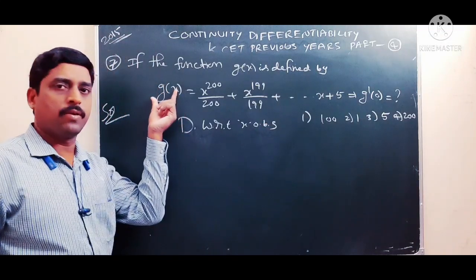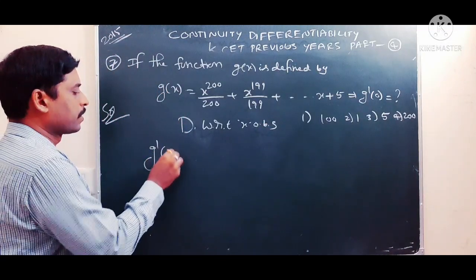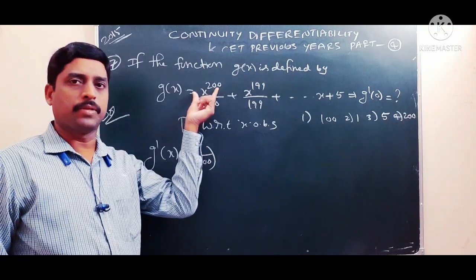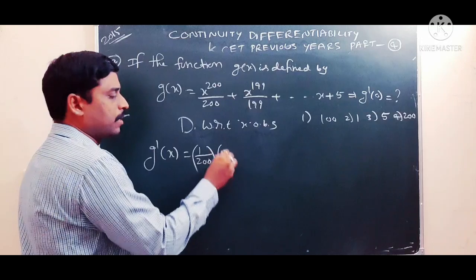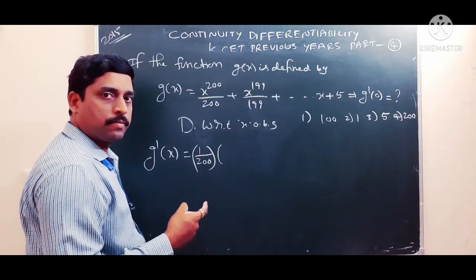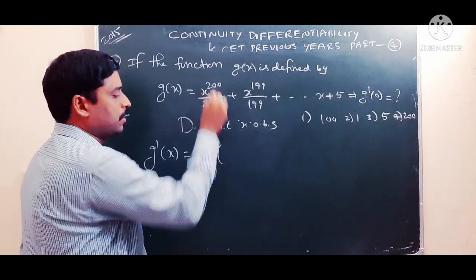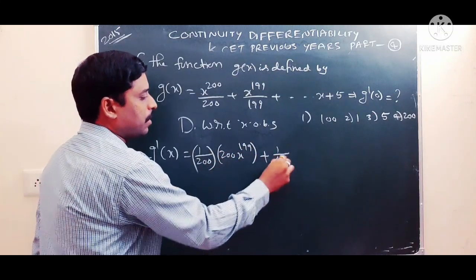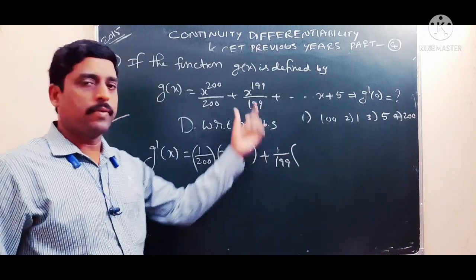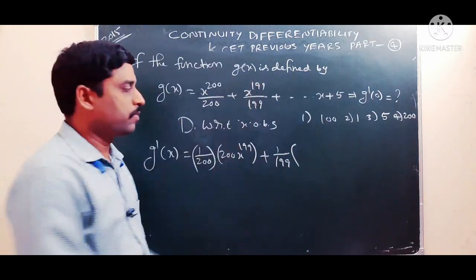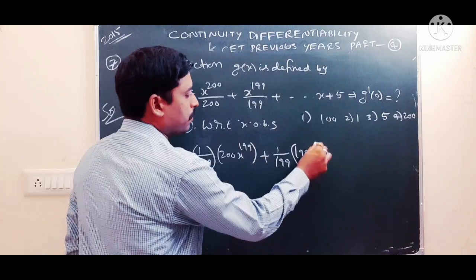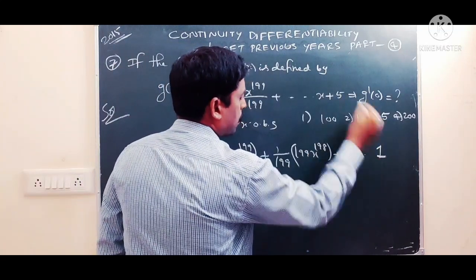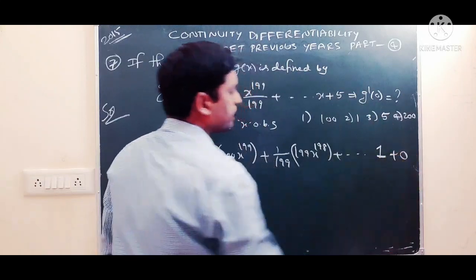So derivative of g of x is g dash x. 1 by 200 constant, derivative of x to the power 200, by using the x to the power n formula, n into x power n minus 1, 200 into x to the power 199. 1 by 199 into derivative of x to the power 199 will be 199 into x to the power 198, plus and so on. Derivative of x is 1 and derivative of 5 is 0.